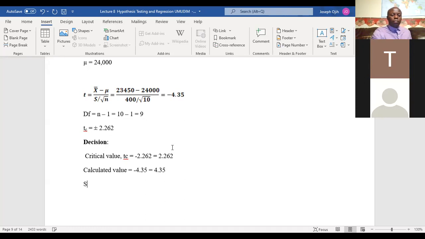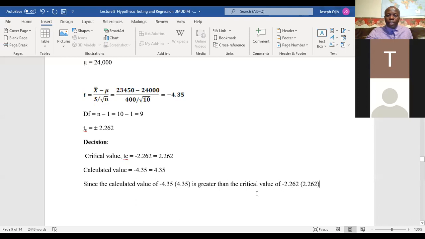So since the calculated value of 4.35, which is actually negative 4.35, which has the absolute value of 4.35, which is what you consider, it exceeds, is greater than the critical value of negative 2.262, but we are using the absolute value of that, 2.262, because you know in algebra, even though this one is smaller, it's actually bigger than this one.